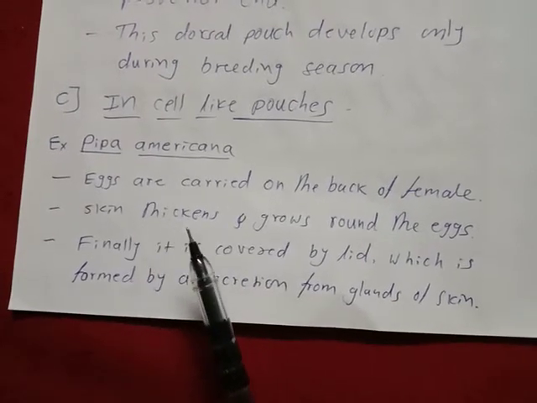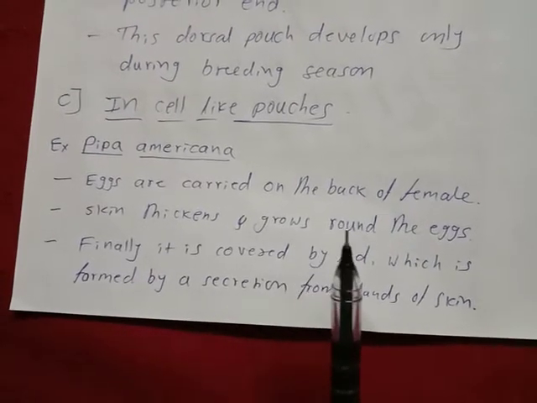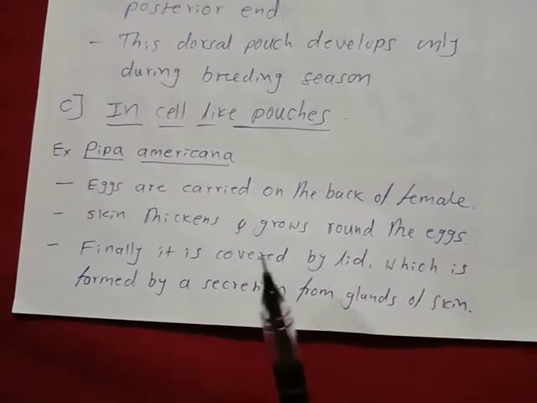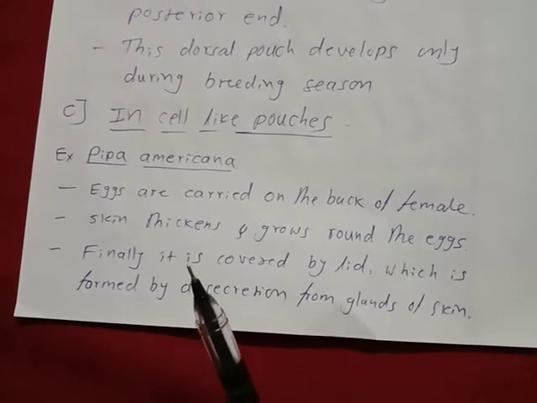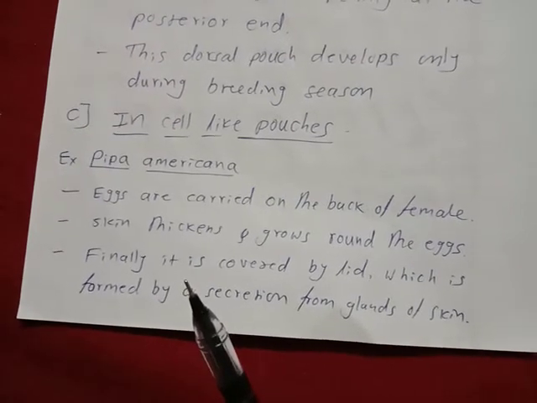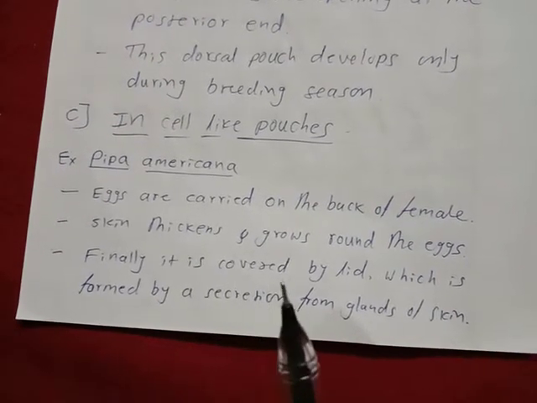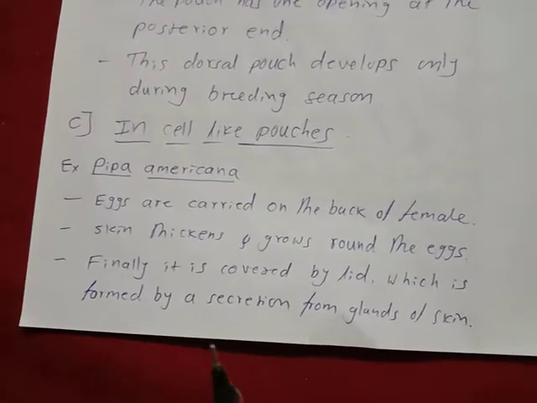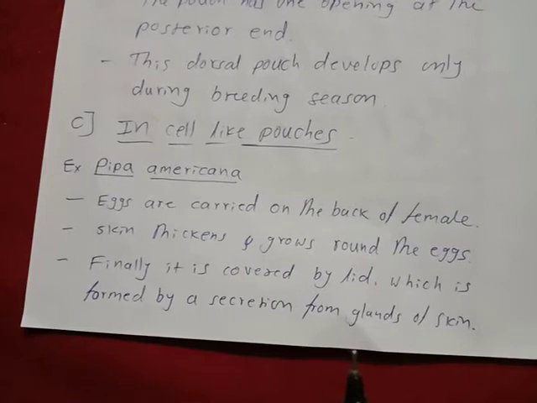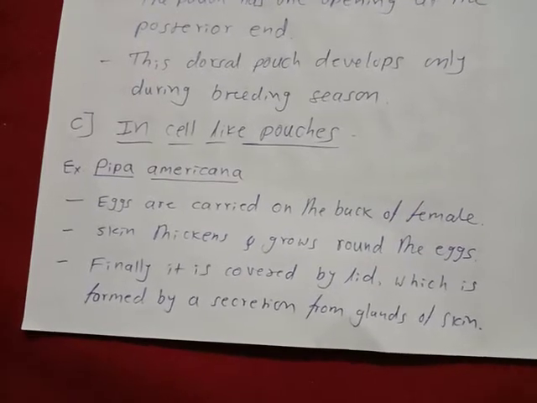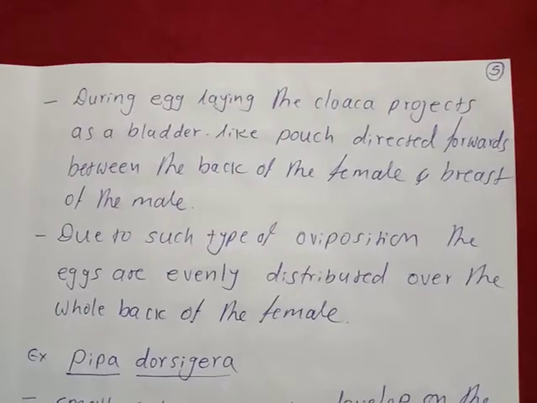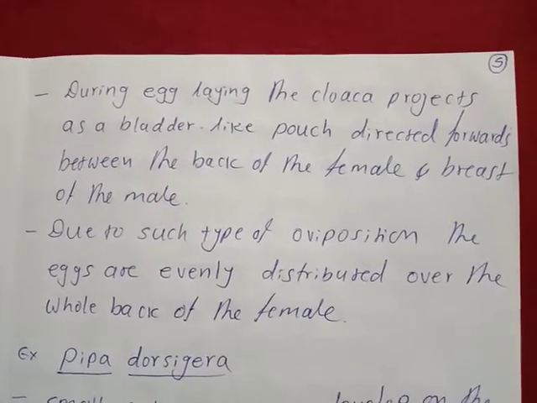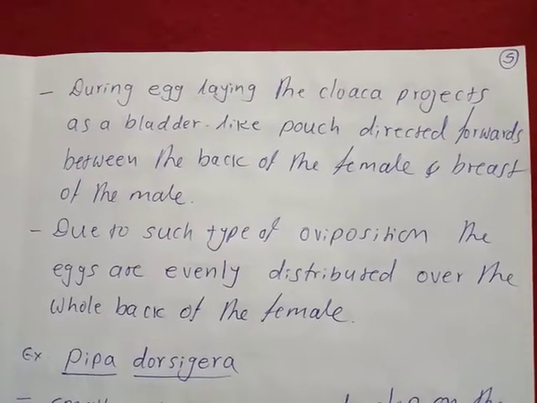Initially, the skin thickens and grows round the eggs. Finally, this thickened skin is covered by a lid, which is formed by a secretion from glands of the skin. During egg laying, the cloaca projects as a bladder.